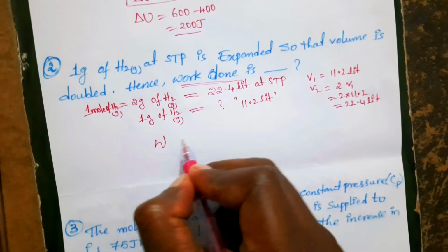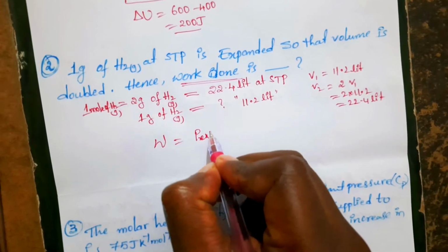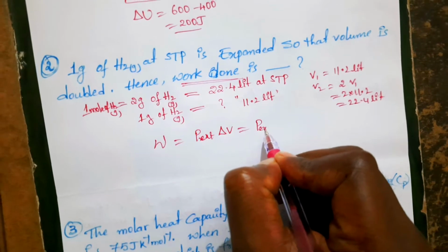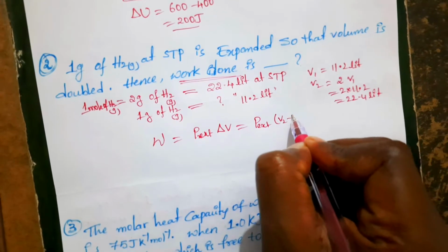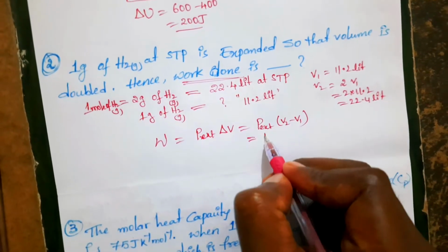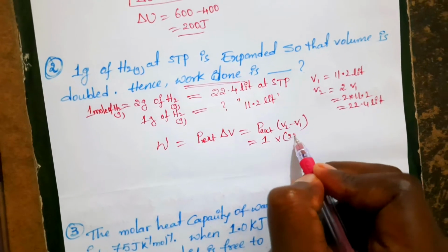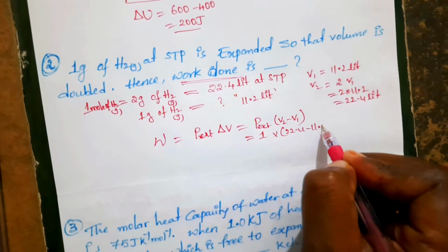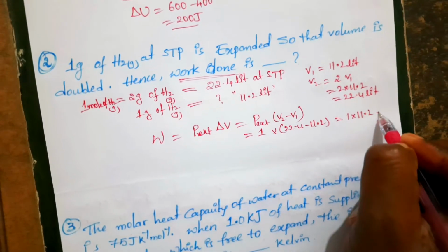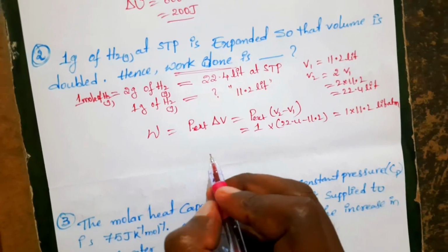Work done is equal to P external into delta V, that is external pressure into V2 minus V1. Now you see here external pressure at STP condition is 1 atmosphere. 1 into V2 minus V1, that is 22.4 minus 11.2, that is nothing but 1 into 11.2 liter atmosphere. That is 11.2 liter atmosphere.